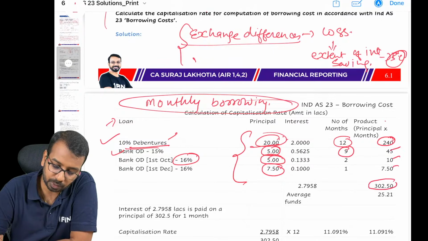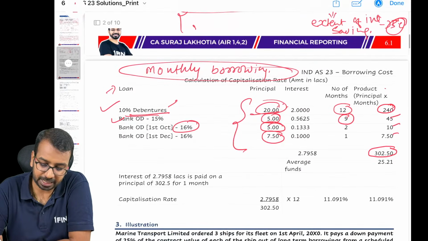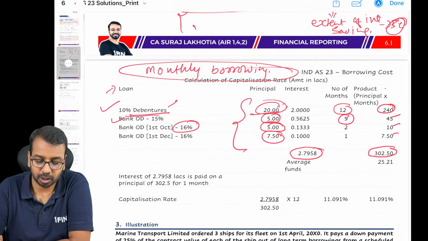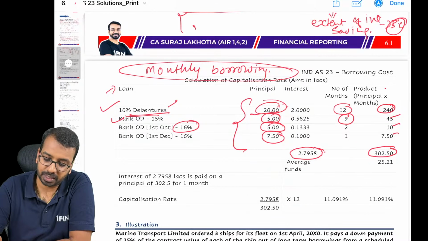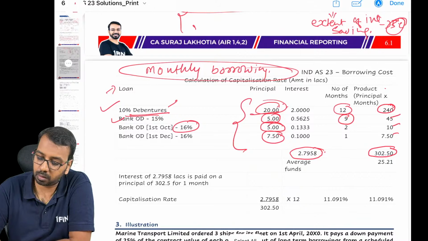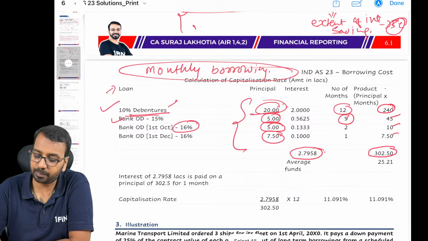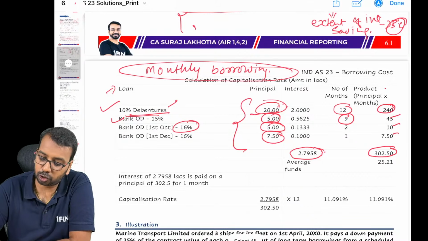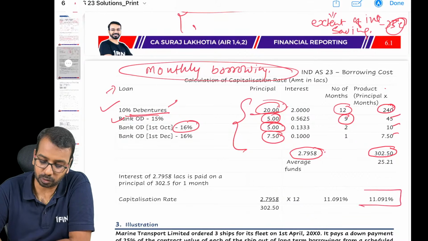Total borrowing is 302.5 and interest is 2.7958. So 2.7958 divided by 302.5, multiplied by 12, you get 11.09%.